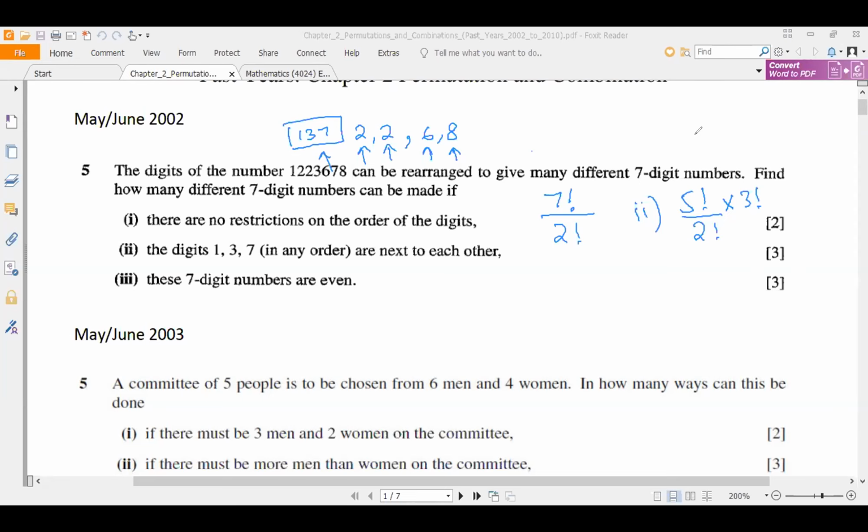That's what you are saying? Yes, you are right. Okay, it's not 6 factorial times 3.